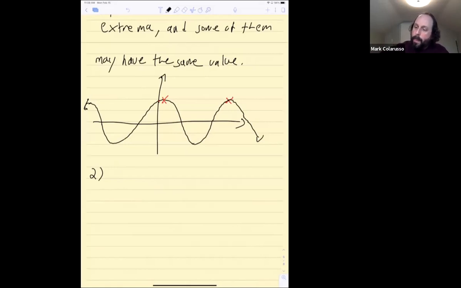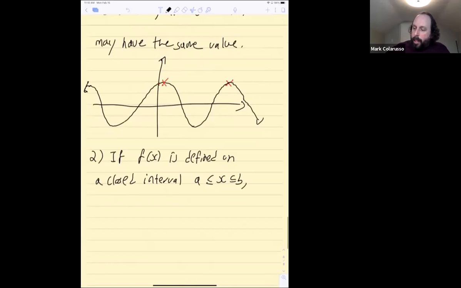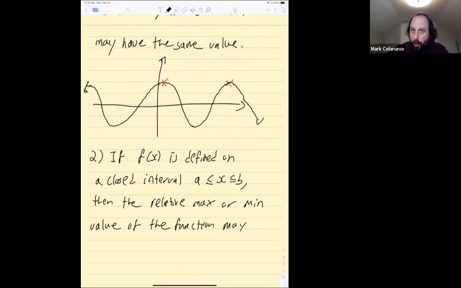If f(x) is defined on a closed interval, so it's defined for some points a and b, for some x values between a and b, so it's not going on for infinity like the example I drew above, then the relative max or min value of the function may not actually be the maximum or minimum value of the function on that interval.